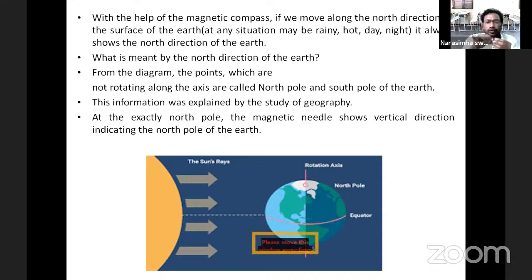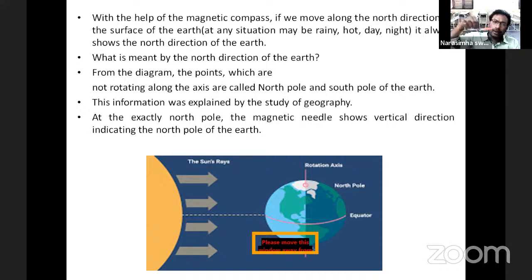Now if you are holding this compass needle and it is showing the north direction, you keep walking along with this needle and reach a particular point on the Earth, where the north direction ends. Exactly at the north pole, this magnetic needle shows the deflection downward, which is vertical.